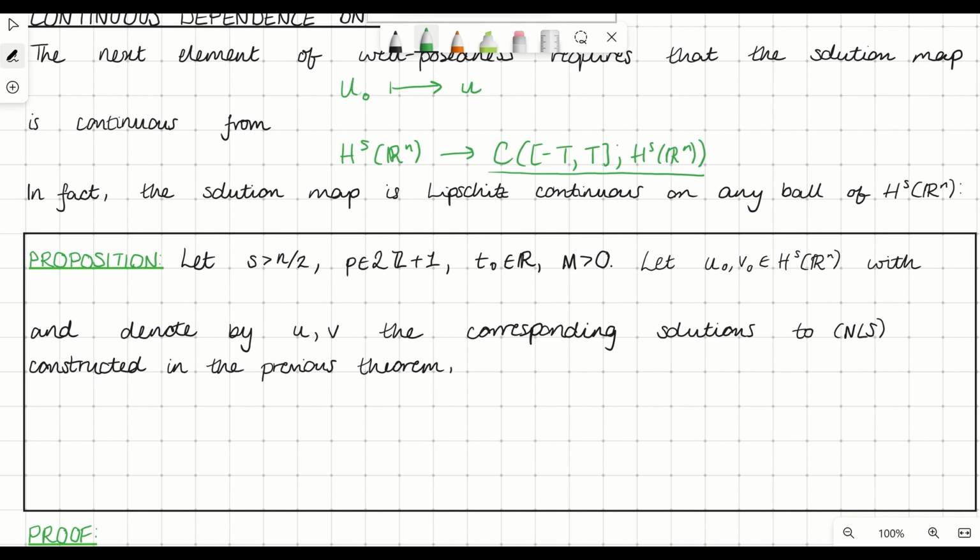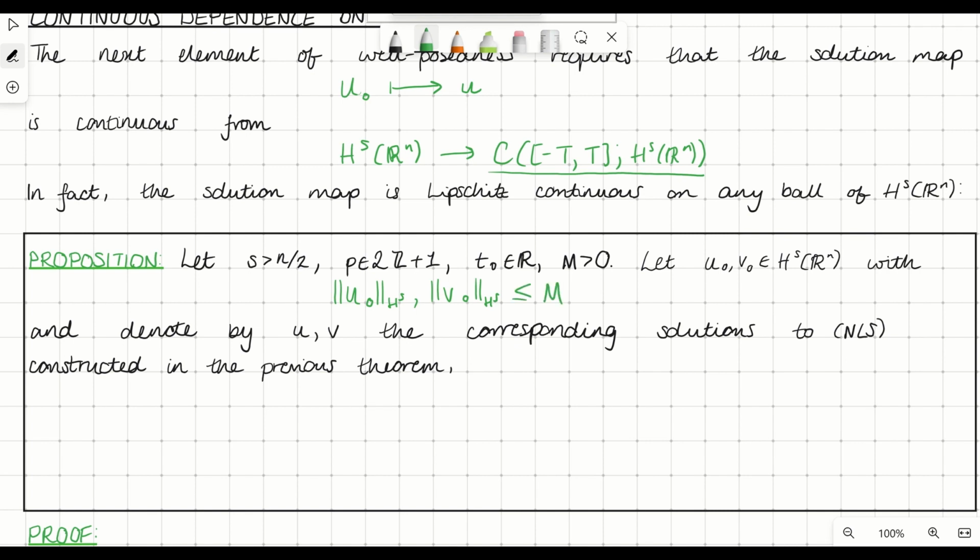Again, we let s greater than n over 2, p an odd integer, and I'm going to state this at any time t0 for the initial data. So we let m be greater than 0, and we look at data u0, v0 in HS with norms at most m.